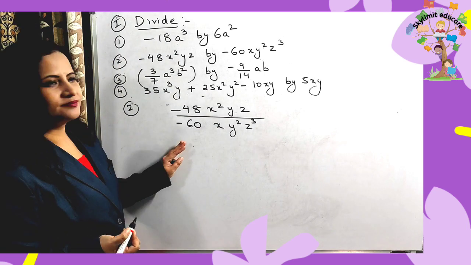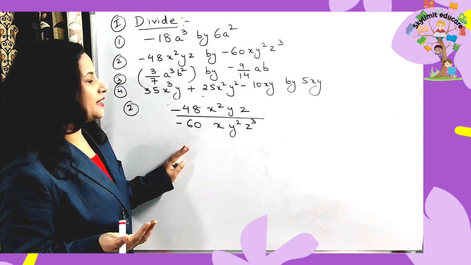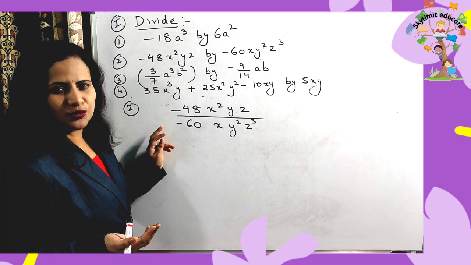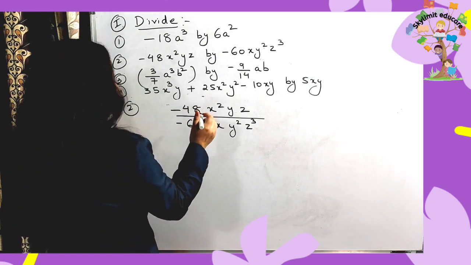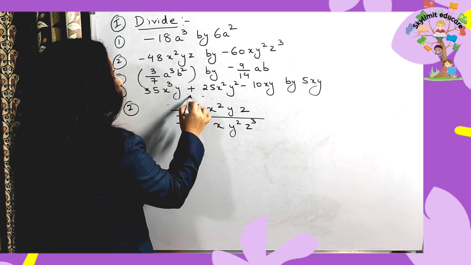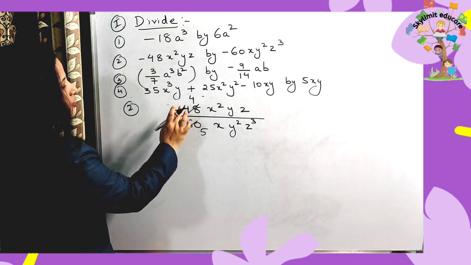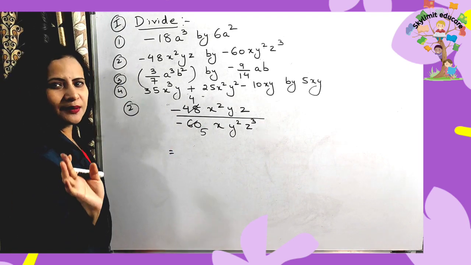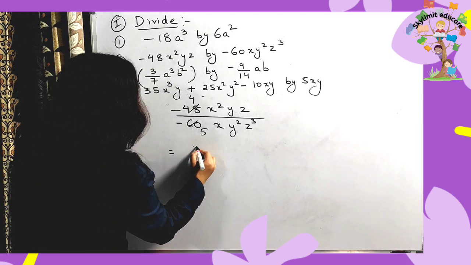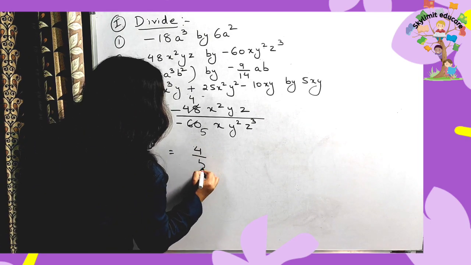This is the question. As usual, you will separately divide the numbers. You know that it is divisible by 12. 12 4s are 48, 12 5s are 60. Now both are minus, answer will be plus. So you are getting the answer 4 by 5.